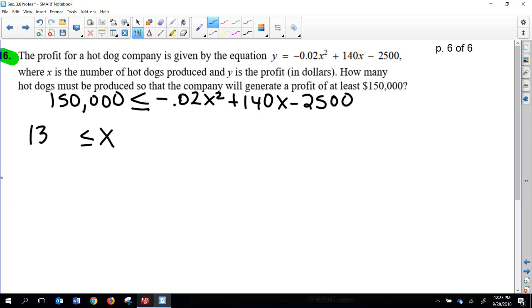It's 1,349.4. If I make 1,349, am I going to be above that $150,000 mark? I'm going to have to round this up, right? Even though it really rounds down, I'm going to have to take it up to 50. I can't make a partial hot dog. No one's going to want to buy that. If I make half a hot dog, nobody's going to want it.